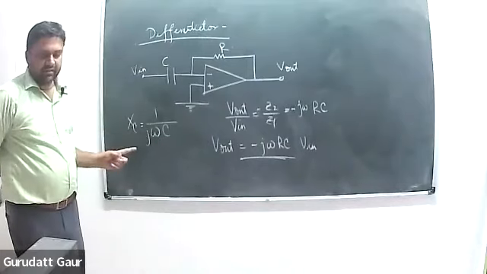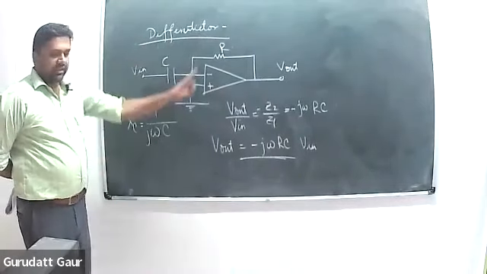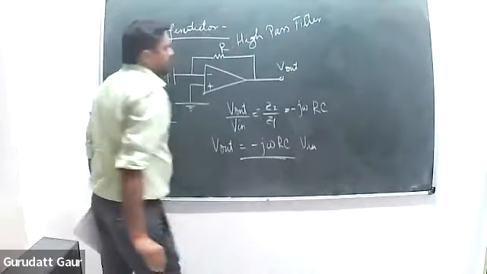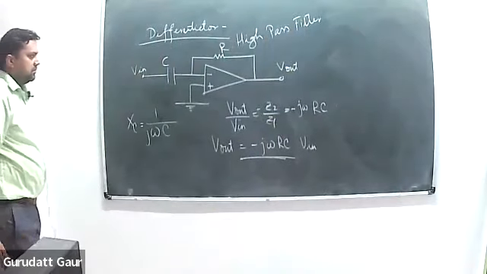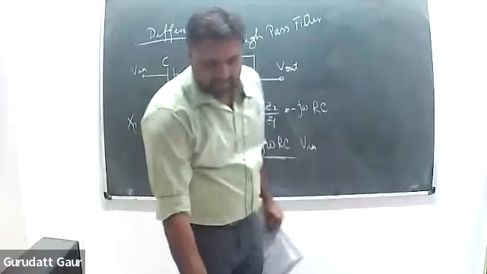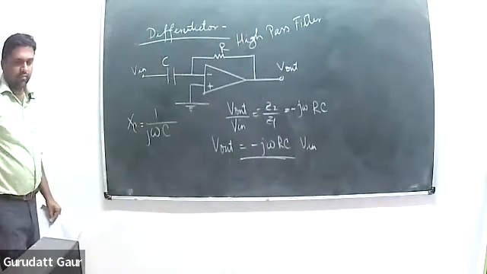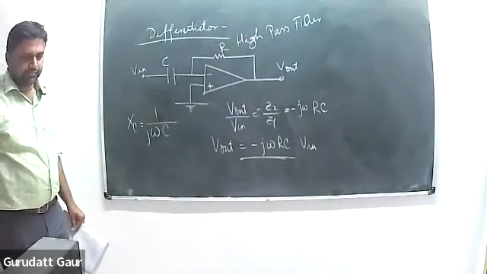If it is DC, then omega will be 0 and you will get infinite impedance. So it will only allow the high frequencies to pass. It's a high pass filter. Let me check. Yes, RC gives a high pass filter.